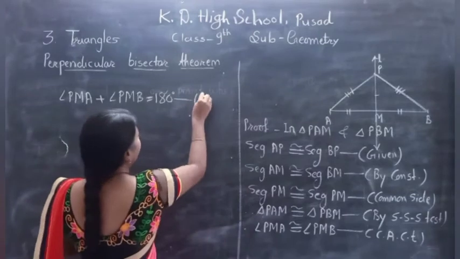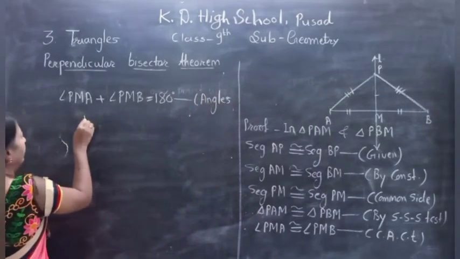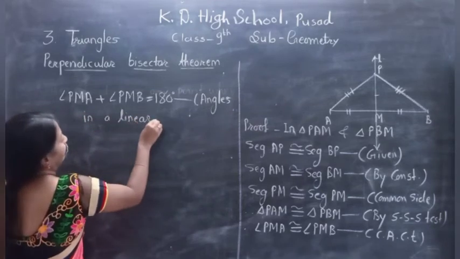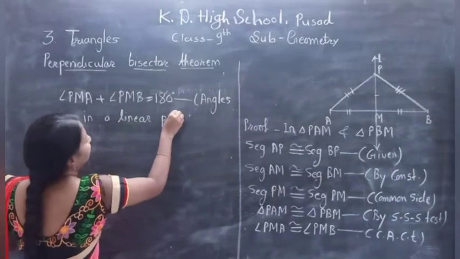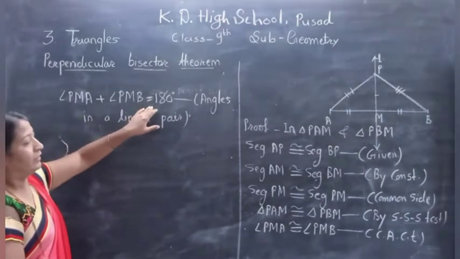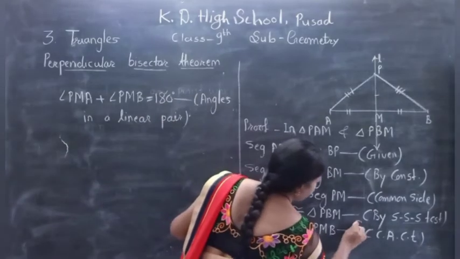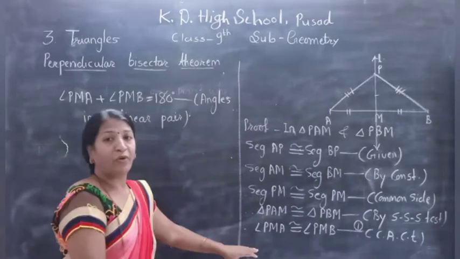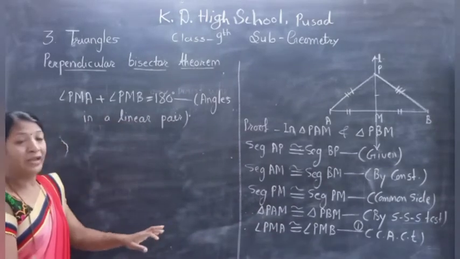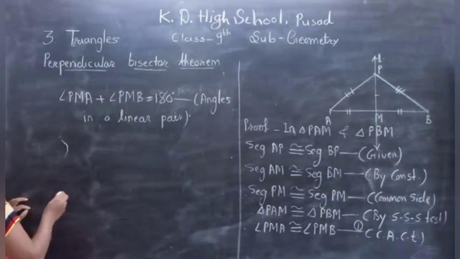So here we write the reason: angles in a linear pair. And we know that the sum of the measures of angles in a linear pair is 180. So their sum is 180. Here we put the equation number, that is equation number 1. Here we observe that angle PMA is equal to angle PMB. So instead of angle PMA we can write angle PMB.